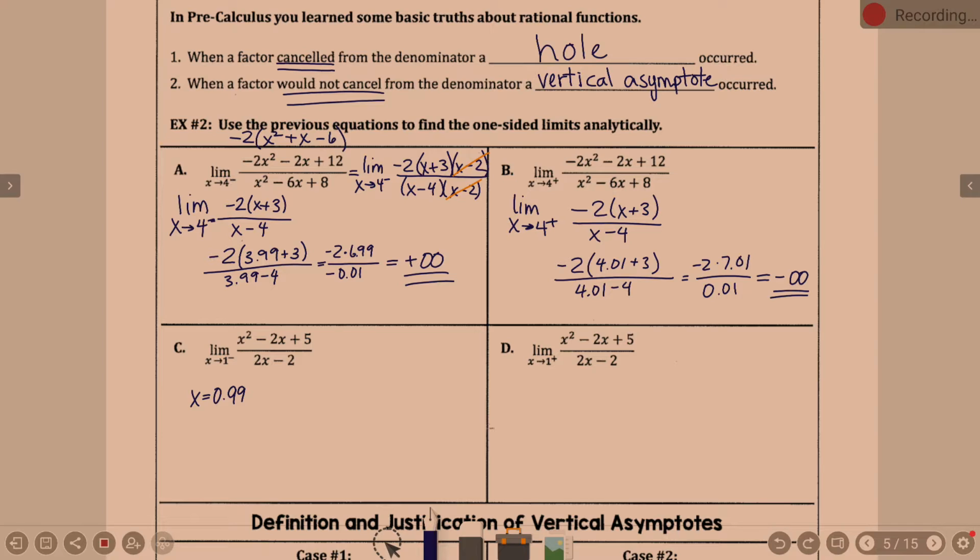So now, here's the deal, guys. We have to think through this. I don't really want to plug this number in, especially if I'm working without a calculator, which I very well could be at this point. So when I plug in 0.9 squared, I'm going to get a value.